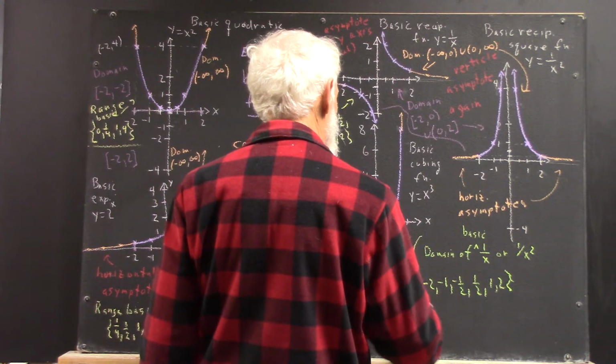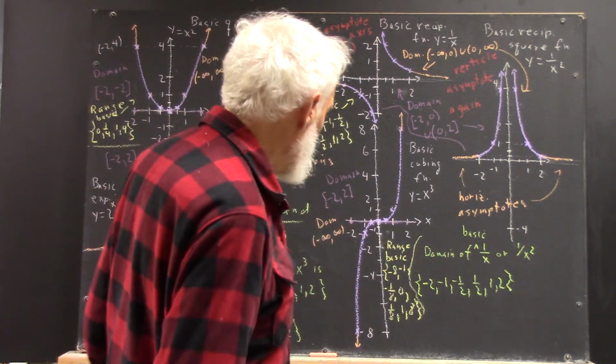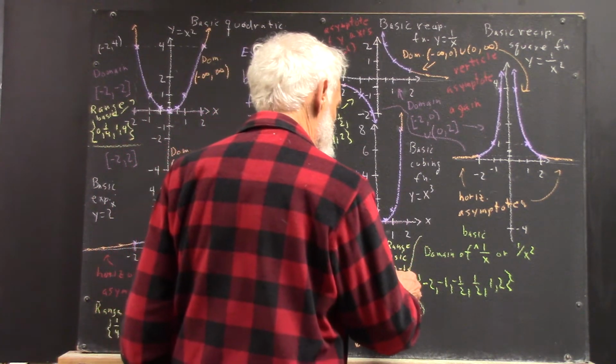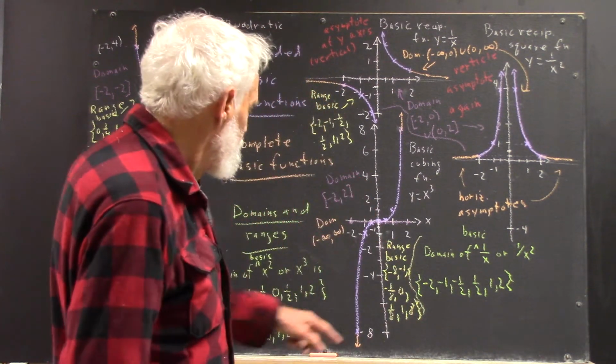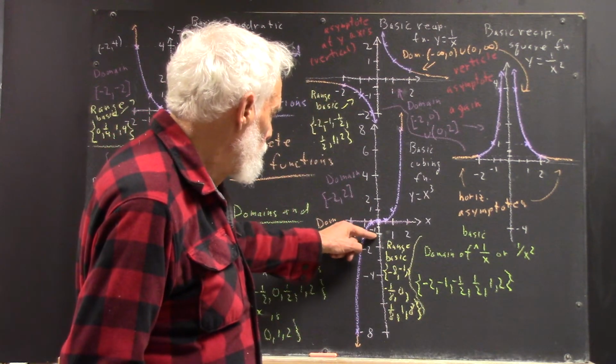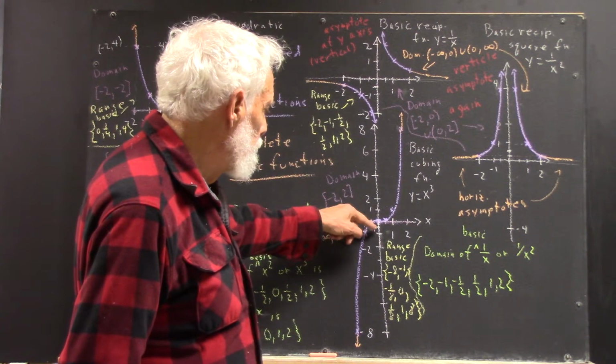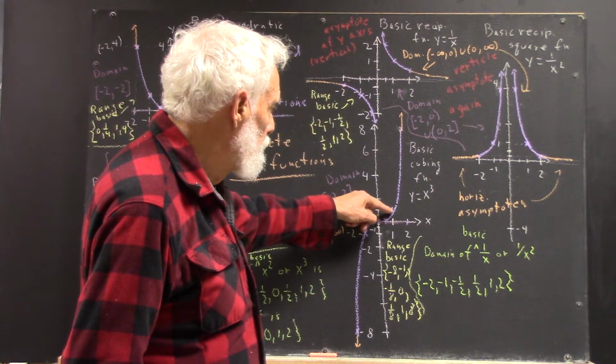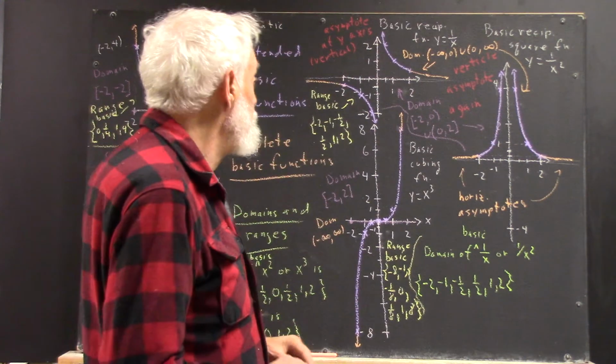It should be clear why that is. Got -8 here, -1 here, -1/8 here, 0, 1/8, 1, and 8.